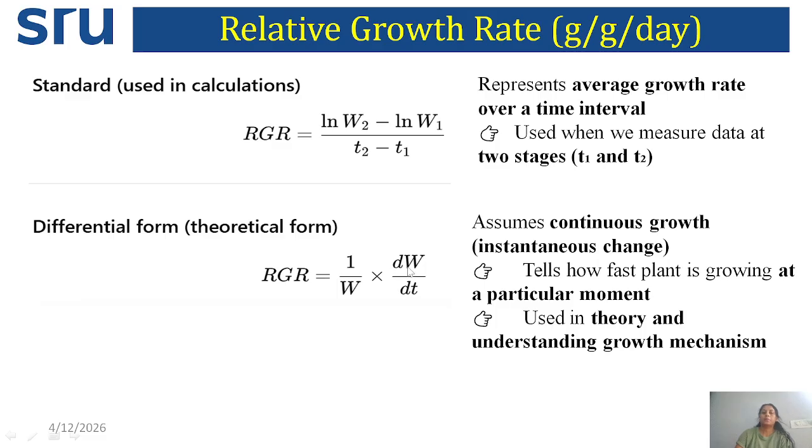Then T2 minus T1 is 5 days, and W2, W1: at the end of the 10th day, you need to measure existing biomass and mention it here. Then you can use this formula. No need of ln, no need of log book. Nothing is required. Just apply the direct values and analyze this relative growth rate.